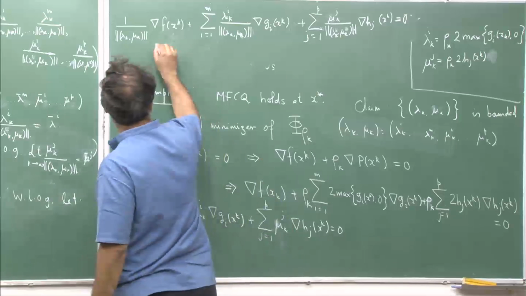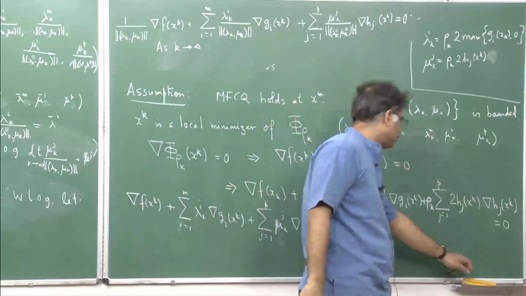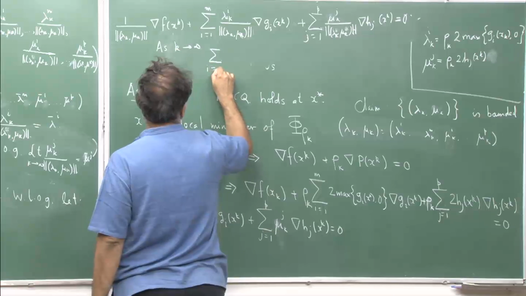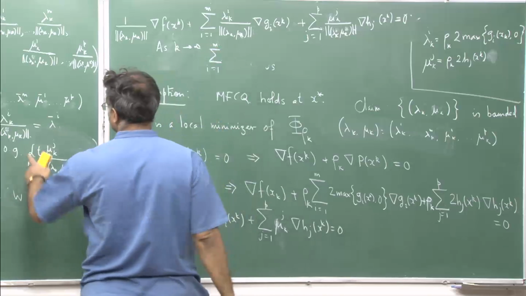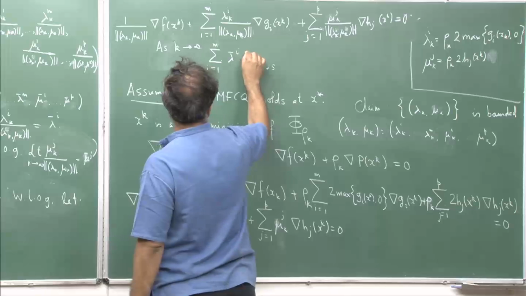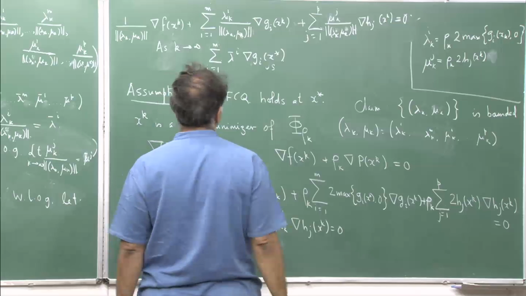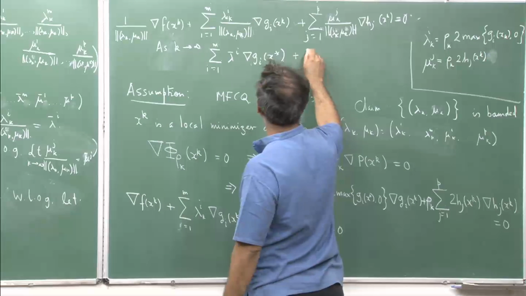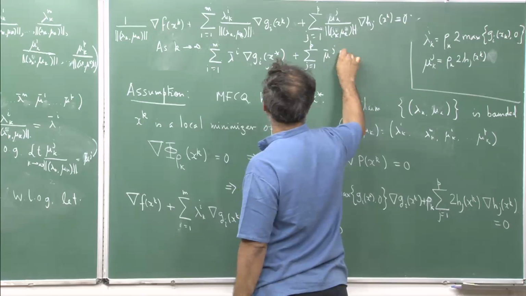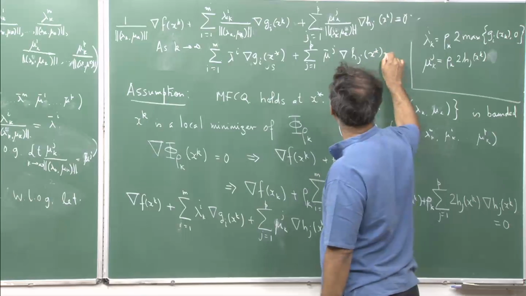So, as k tends to infinity, what I am left with is the summation I equal to 1 to m lambda bar I grad g I x star, plus summation j equal to 1 to p mu bar j grad h j x star. So, this is equal to 0.